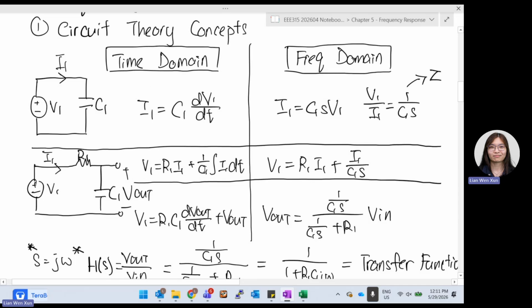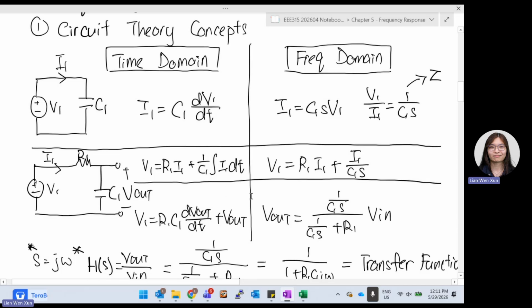So we move this I1 down, in reciprocal of this whole thing. So you change into this term, integral of I1 dt 1 over C1 is whatever happening over here. So the voltage drop over here plus the voltage drop over here equals your V1. So finally, your V1 is equal to R1 C1 dV out plus V out.